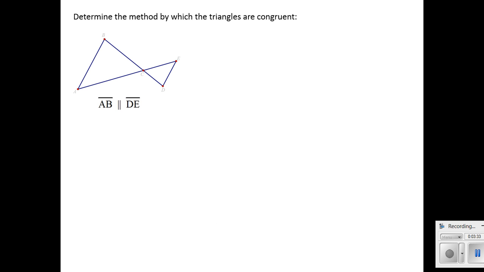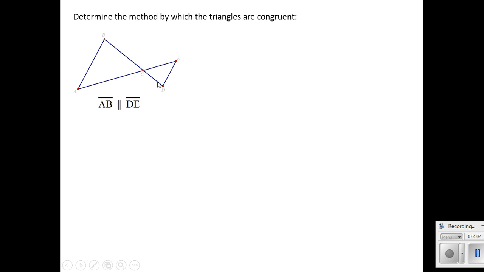Now, okay, we give you some information. We say, are the triangles similar? And, well, the information given is that AB and DE are parallel, which means, as always with parallels, we're looking for congruent angles. In this case, alternate interior.